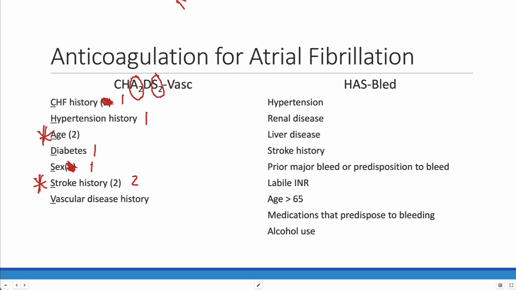And then any vascular disease, including coronary artery disease, peripheral arterial disease, cerebrovascular disease, any of those vascular disease histories give you a point. And when we do that CHA2DS2-VASc score, we add it all up. I just use the MedCalc app. There's others out there, but that's the one that I end up using.